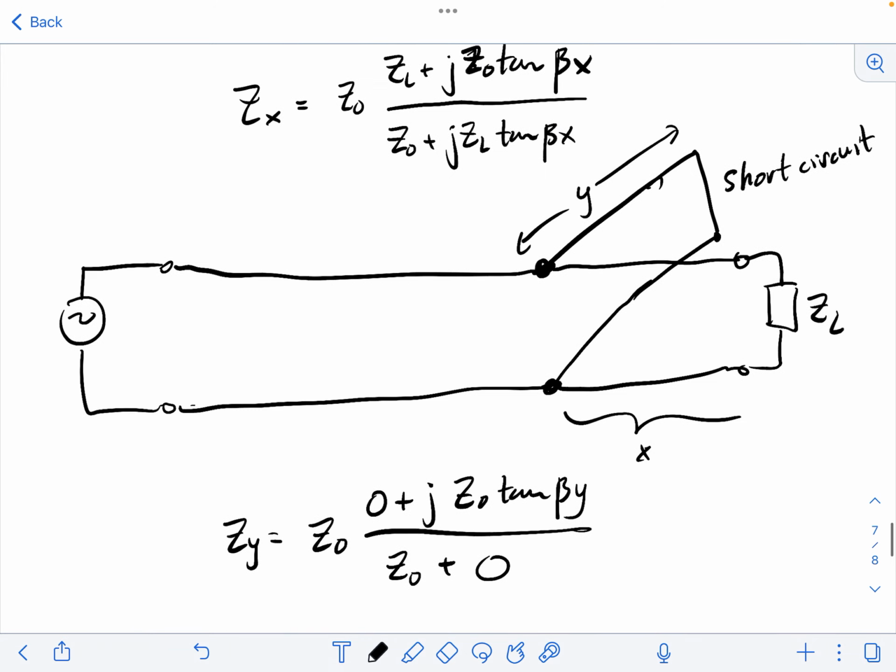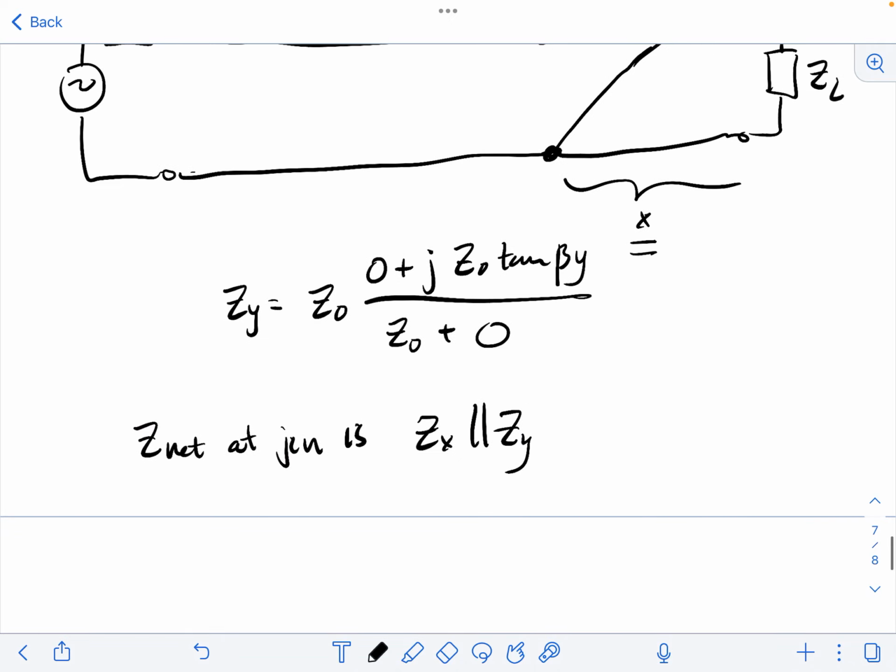We can tune the length X where we place this junction, and we can tune the length Y of the so-called stub that we place at that junction. And it turns out with those two parameters, we can balance the real and imaginary parts until they're equal to, I forgot to write my output impedance here, Z0. So if Z0 is real, say it's 50 ohms, we're going to adjust X and Y until the imaginary part of Z net is equal to 0, and until the real part is equal to the desired 50 ohms.